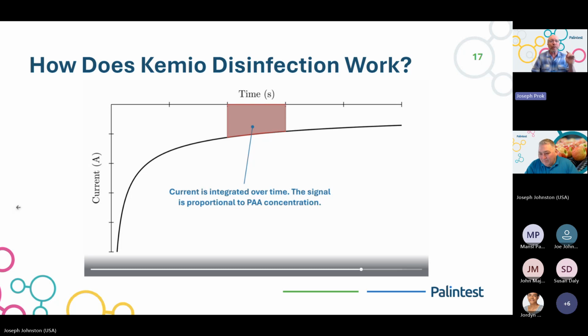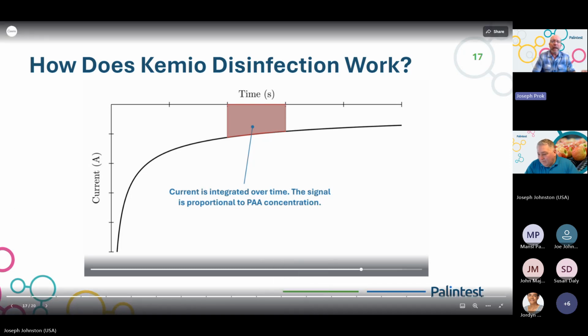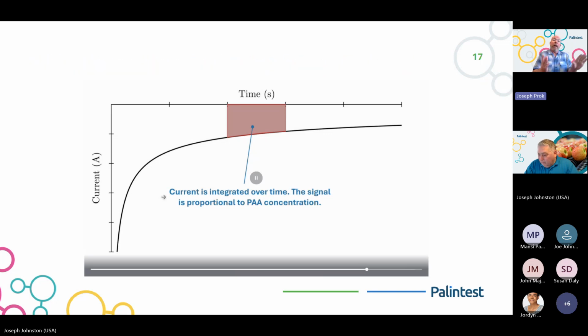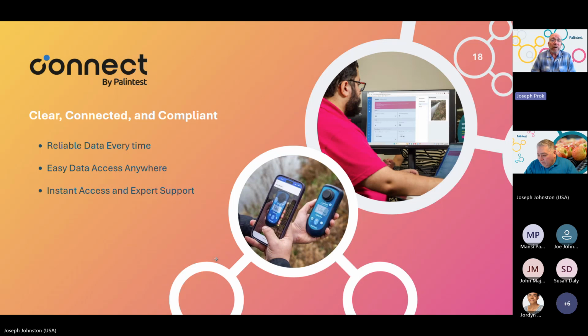We're able to precisely and repeatably measure the disinfectant level in that sample. It's repeatable, reliable, predictable, and with the simplicity of taking this test, it makes this a pretty sweet game changer. So that's what I know in a nutshell.